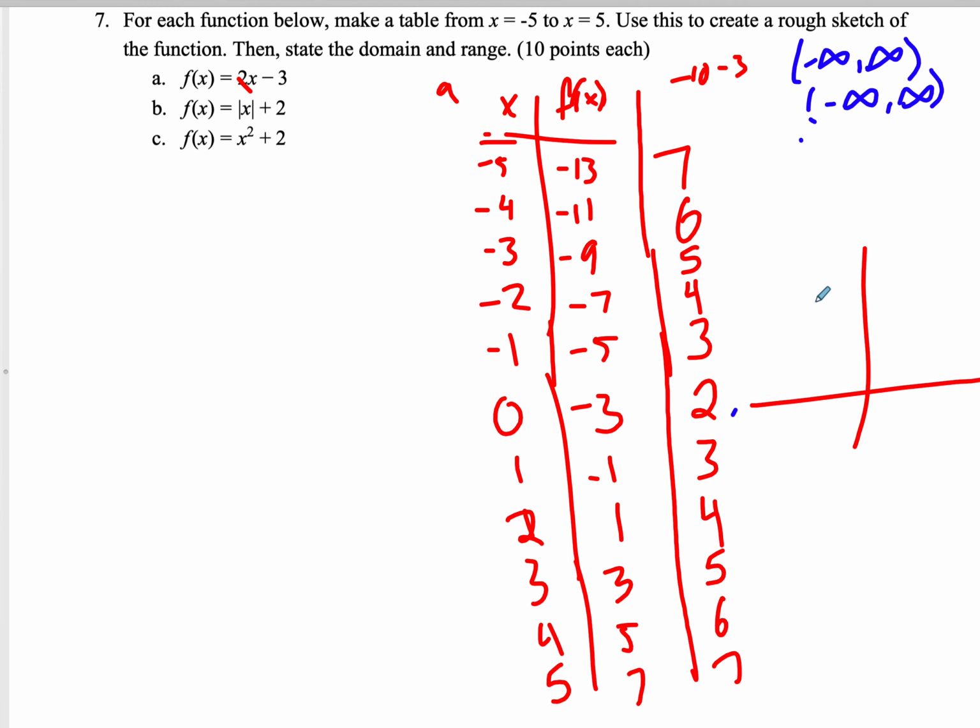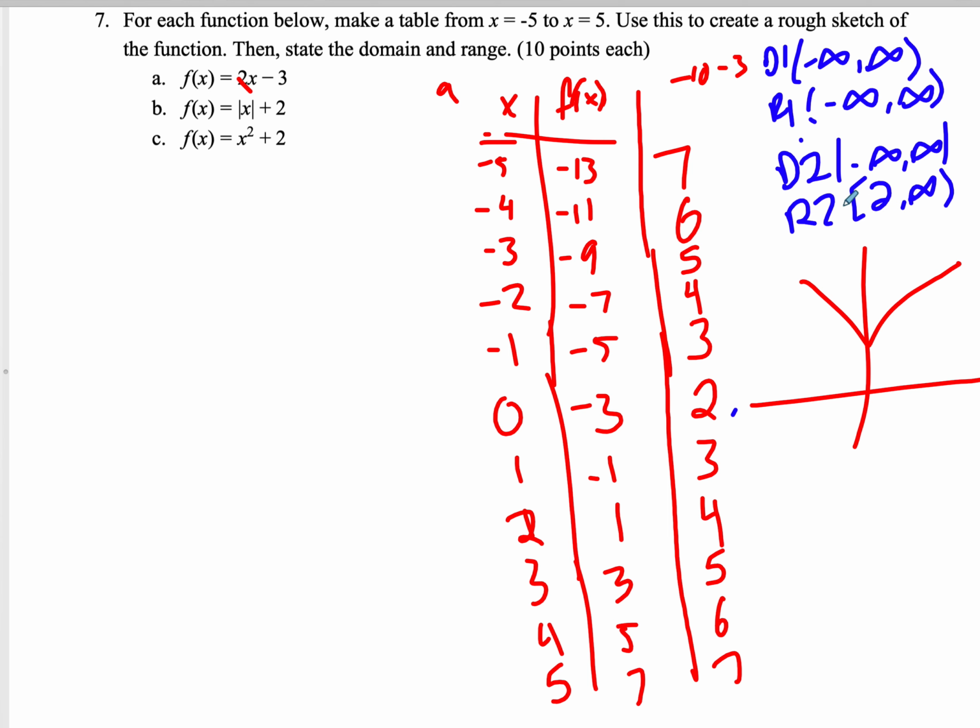So this one, you get this nice pattern. Many of us were able to identify the domain as -infinity to infinity and the range as 2 to infinity with a bracket on the 2. Very good.